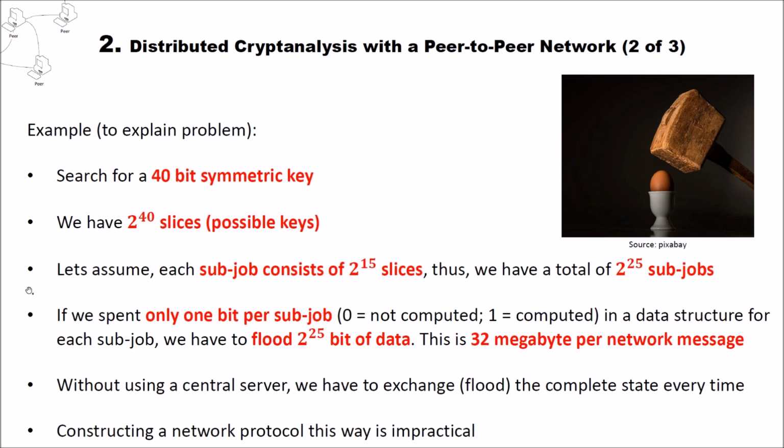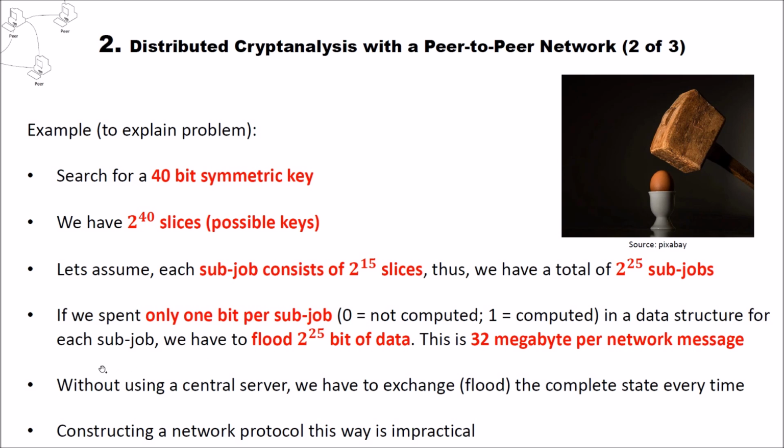Now let's assume that we spend only 1 bit per subjob to define if it's computed or not. A 0 means it's not computed, a 1 means it's computed. In a data structure, for instance, in a big array, and we have to flood 2^25 bits of data. And this means that we have to flood 32 megabyte per network message every time we want to inform our neighbor of updates.